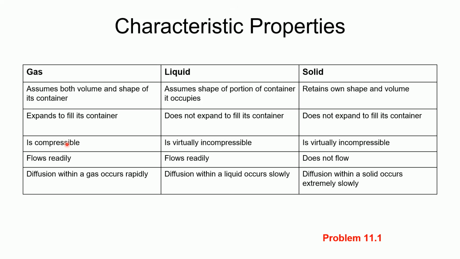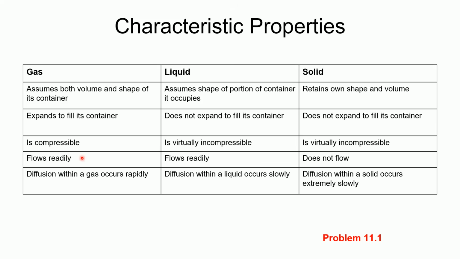We will find that gases are compressible, whereas liquids and solids are virtually incompressible. Now, I do say virtually incompressible because if you push hard enough on them, you can get them to compress, but we're looking at normal kinds of conditions.